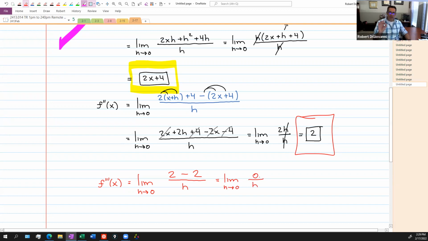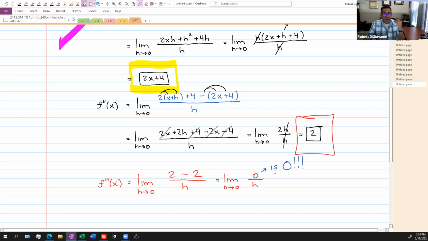Now look, this is a subtle thing here. The numerator is the number 0. I'm not saying it's approaching 0. I'm saying it is 0. 2 minus 2 is 0. And so I just don't want you to think that right now we have 0 over 0 and this is bad.